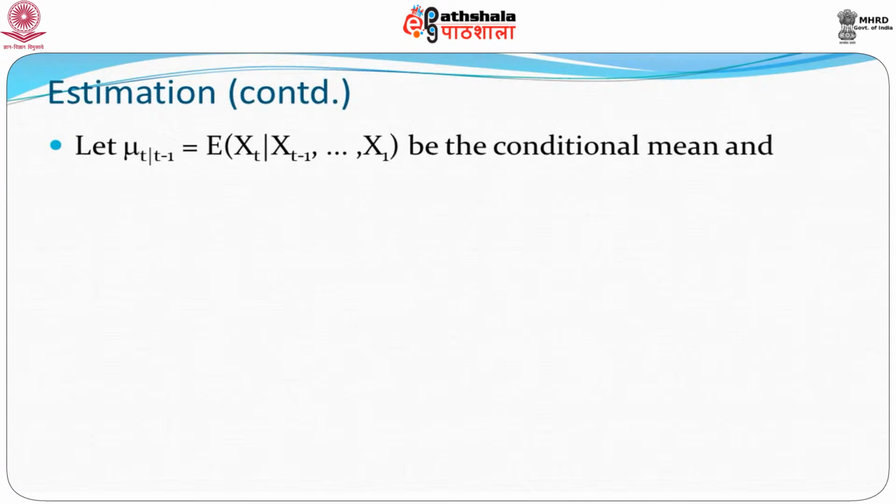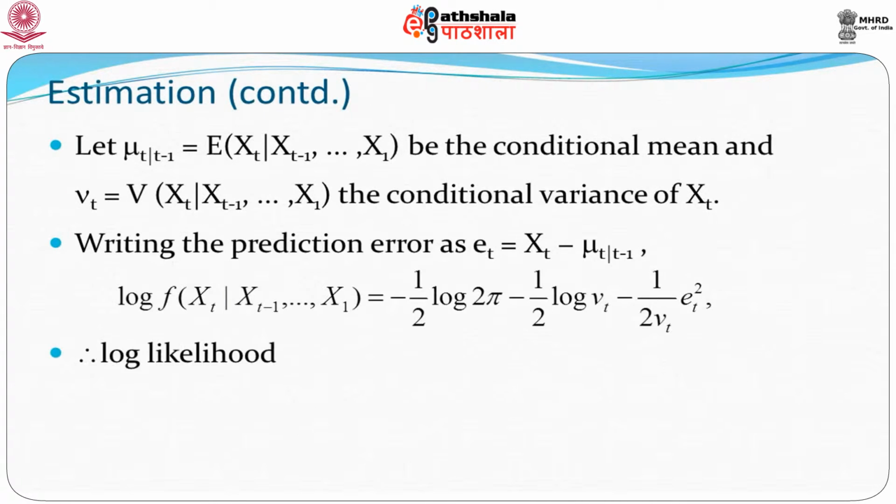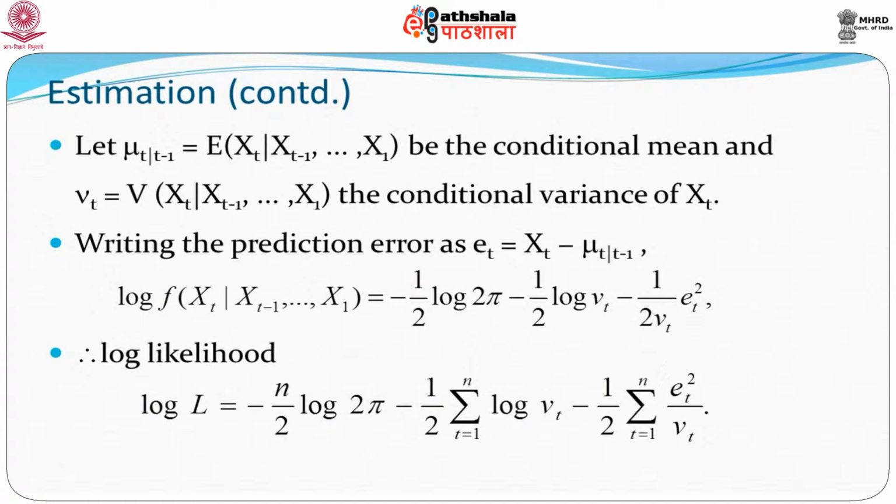Now, let us take mu t given t minus 1 as the conditional mean, that is, it is expectation of xt given the past values xt minus 1 to x1.